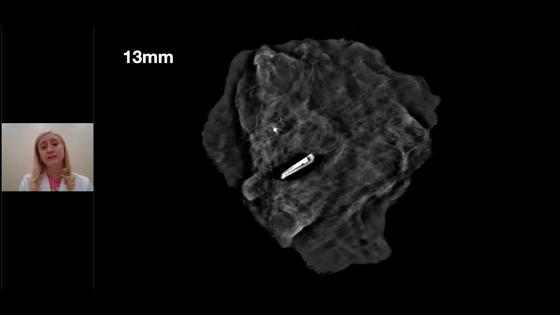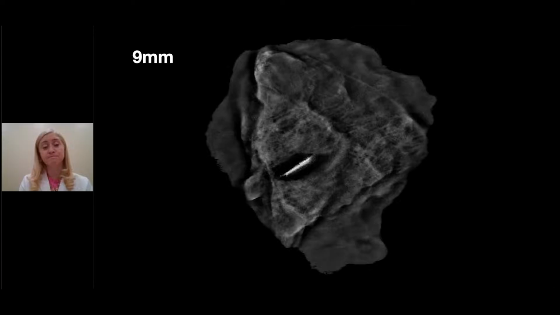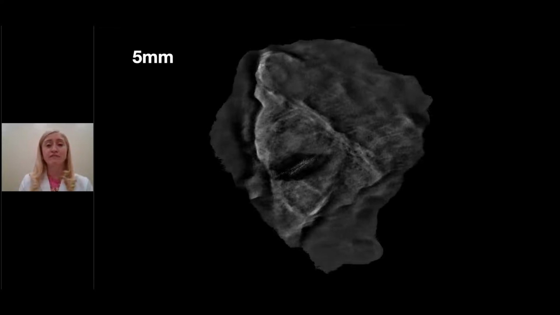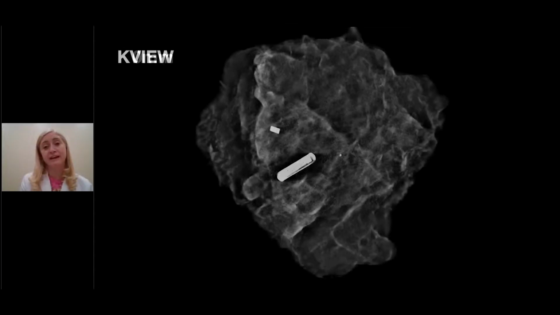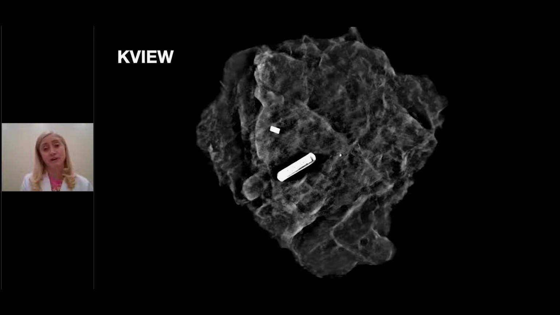However, you just cannot assess that anterior and posterior. So this is just a fantastic way to show you how far those clips and tags or seeds are from your anterior posterior margins. So you can see here that the tag and the clip are pretty much in the center of our specimen.